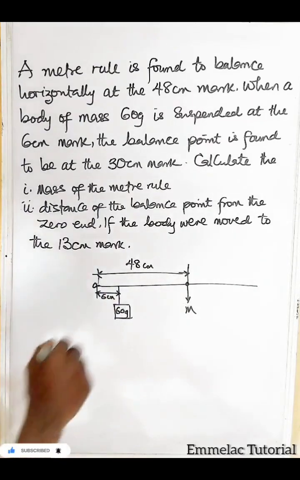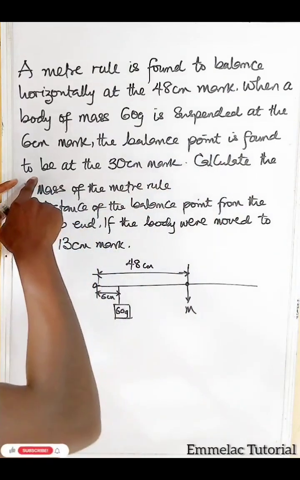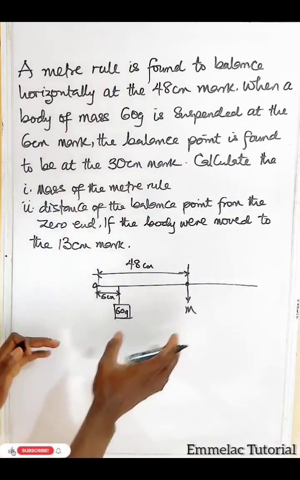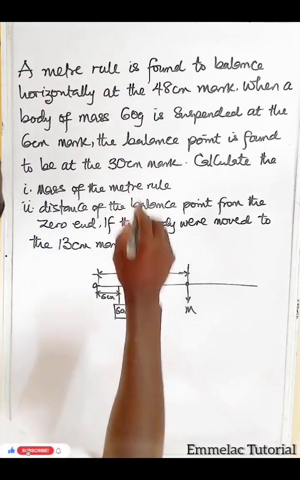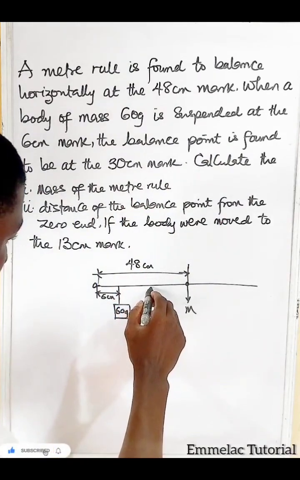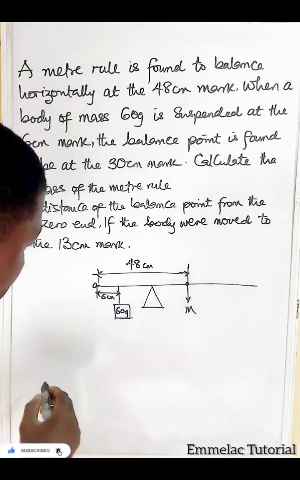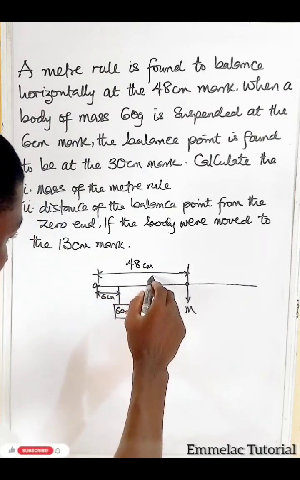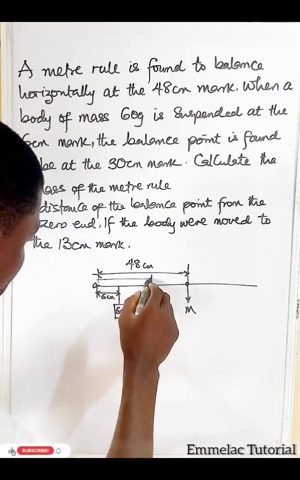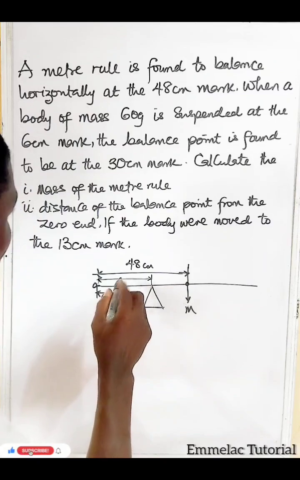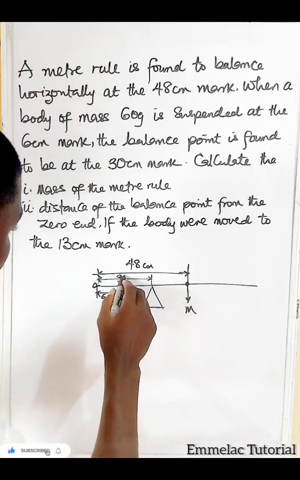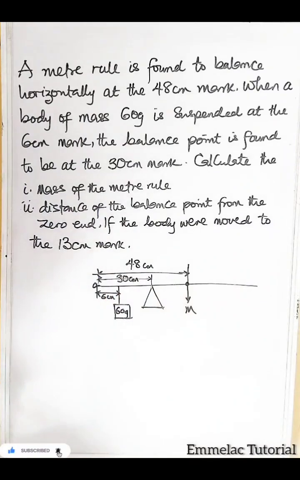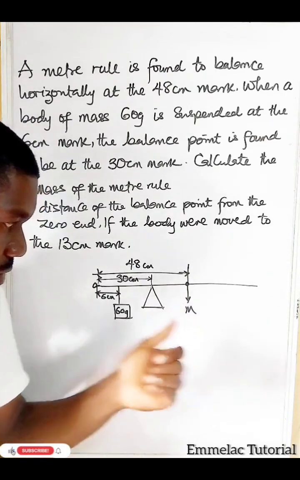We are told that the setup is balanced if the pivot is at 30 centimeter from the 0 point. Now we are told to find the mass of the meter rule. Now here is the mass of the meter rule.